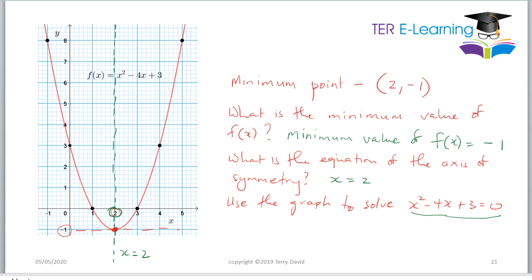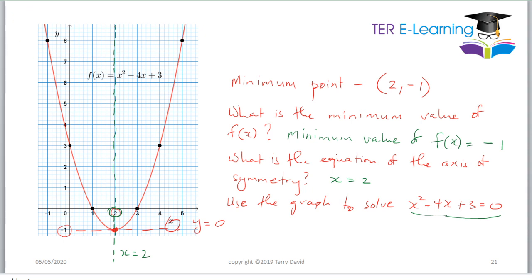So here's how you're going to do that. My x-axis is also known as the line y equal to 0, right? This horizontal line is my x-axis. All I need to do is to look and see where the graph cuts my x-axis, or the line y equal to 0.